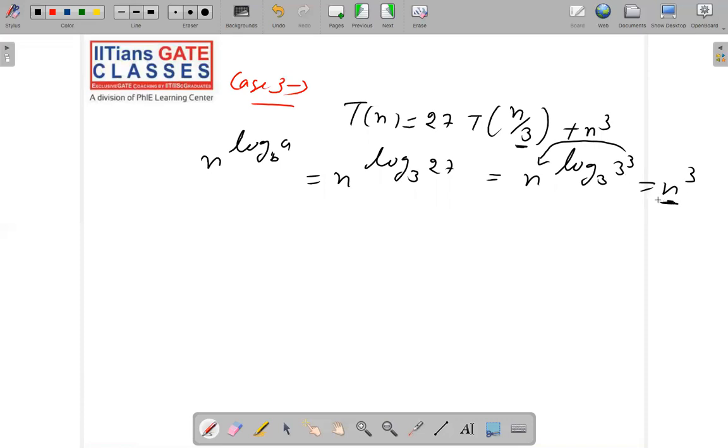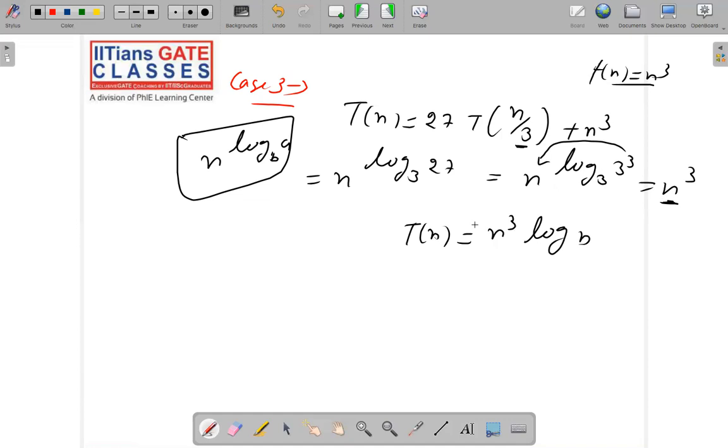So it's n cube. Now if you see this term and f(n) here, f(n) is n cube, right? These two terms are equal. So the answer is actually T(n) equals theta of n cube log n.